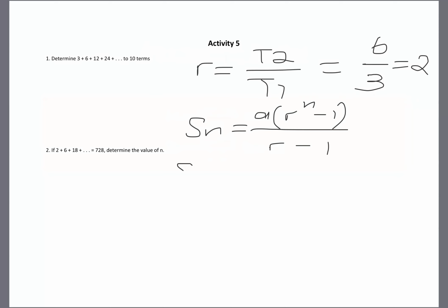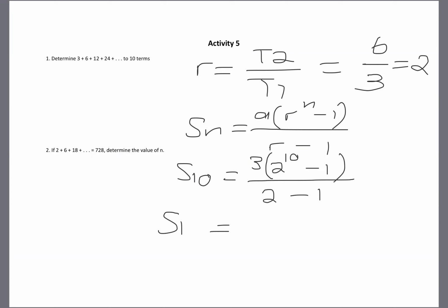So S10 is equal to, what's my A? 3. My R? 2. 2 to the power of? 10. Minus 1 over R, which is 2 minus 1. So what's my S10 going to be? 3069. 3069. Yes.